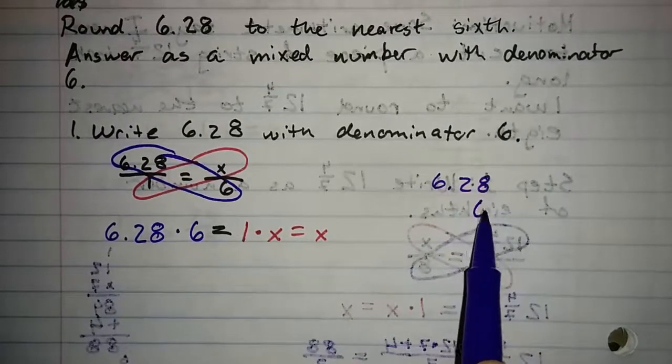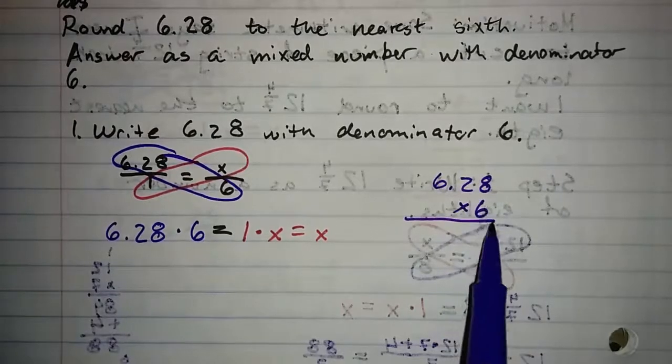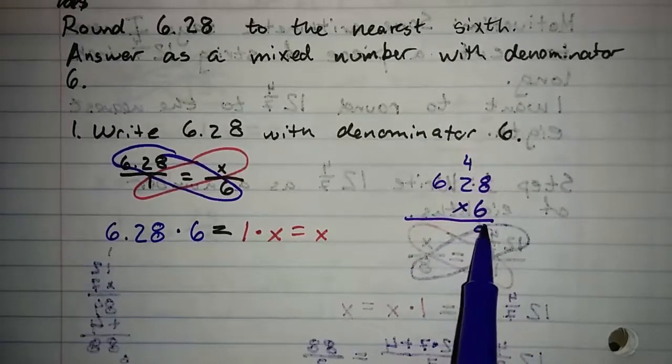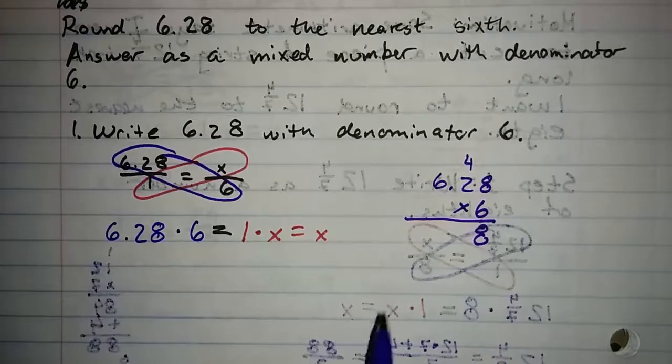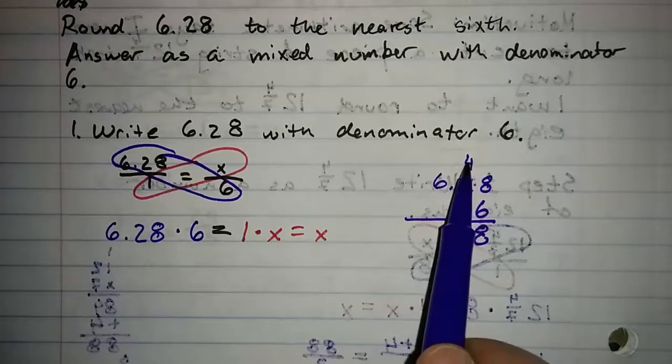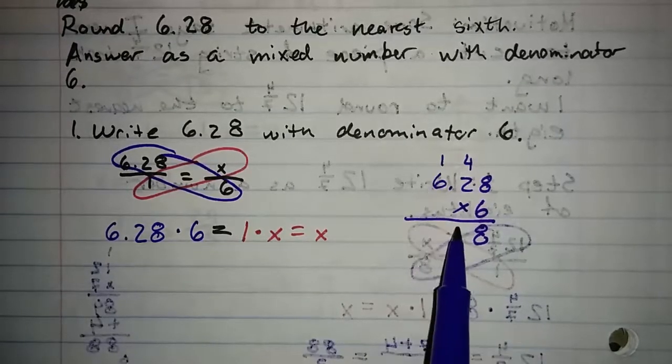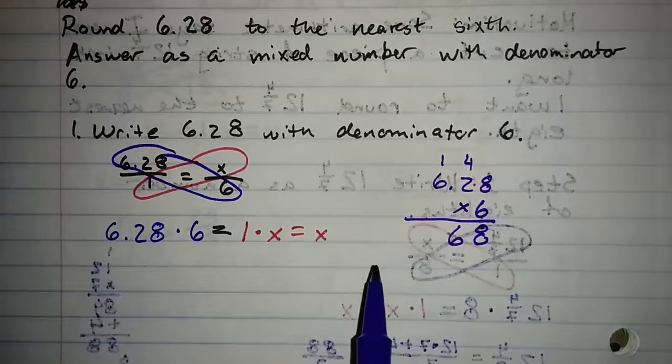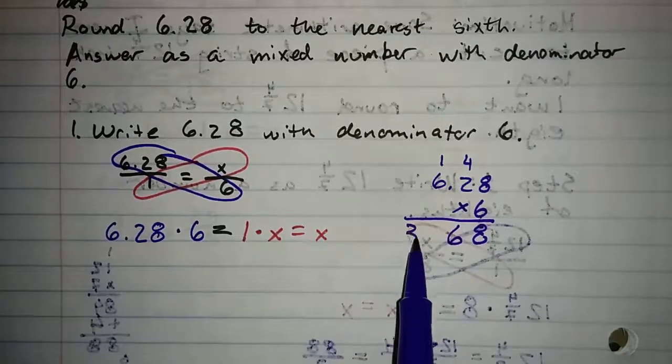6.28 times 6. 6 times 8 is 48. 6 times 2 is 12. 13, 14, 15, 16. 6 times 6 is 36. 37.